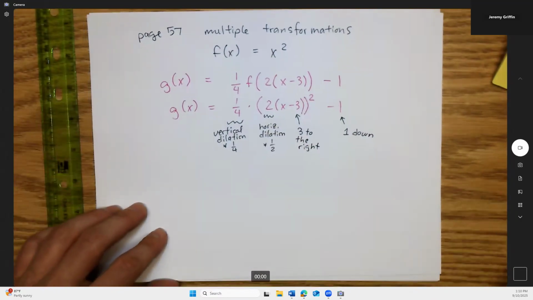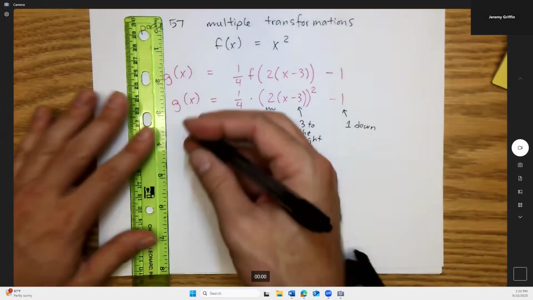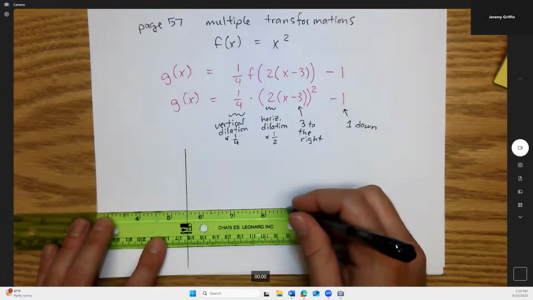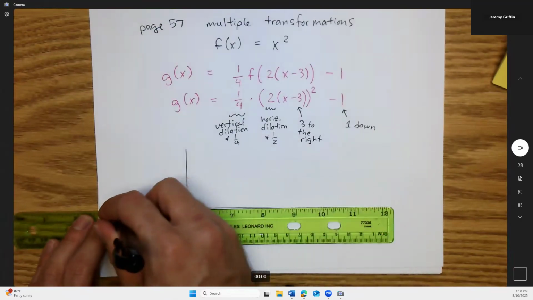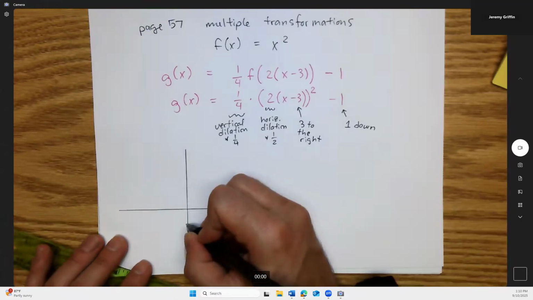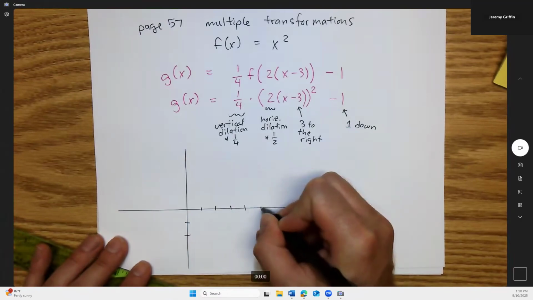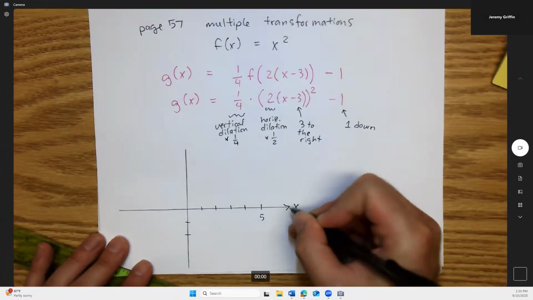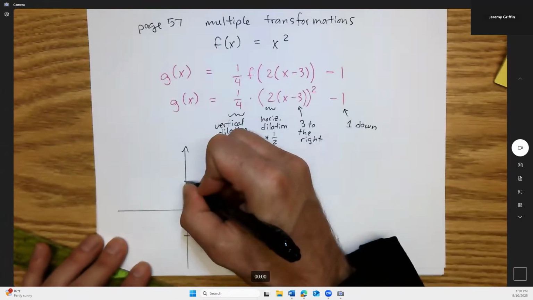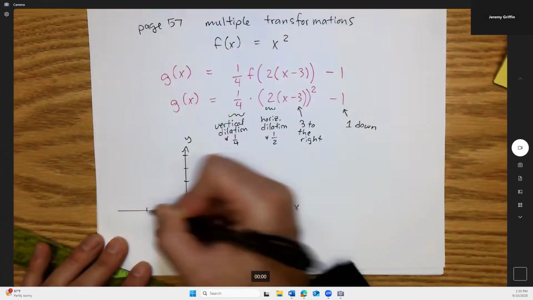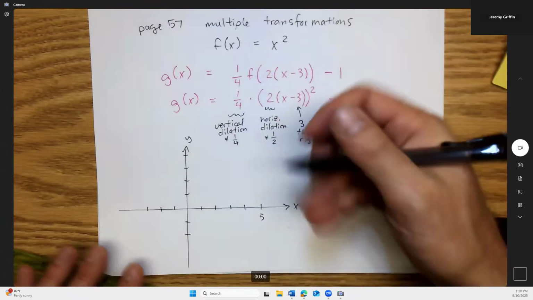Now there's a lot we're juggling here. So let's make these functions, see what this actually looks like, and then I'll put it to a table test. Does this whole thing really work? 3 right, 1 down. X, Y. My parent function, I'll just grab right here: x squared.